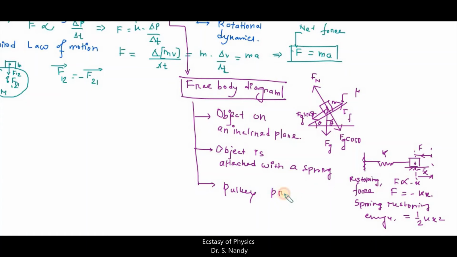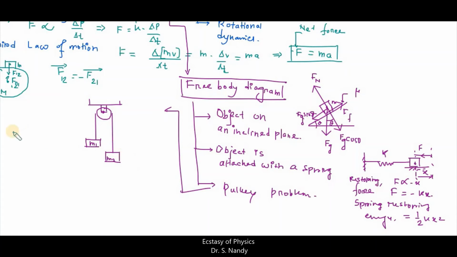Pulley problems deal with a pulley that is fixed to a support, and there are two masses attached with the pulley. Let's say this mass is m1 and this mass is m2.